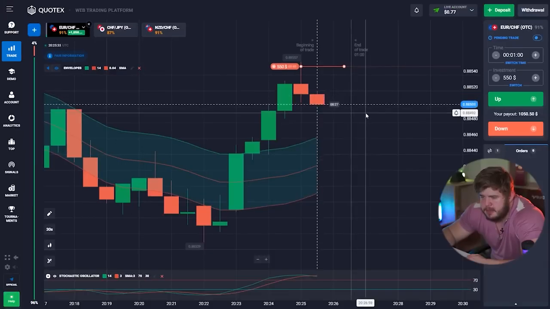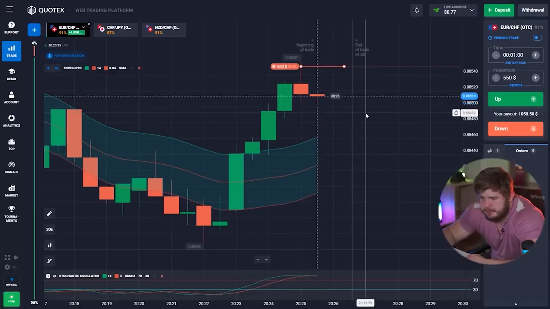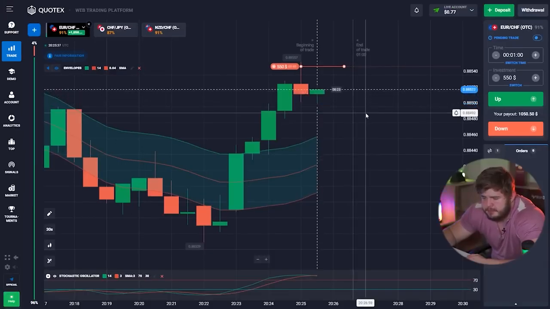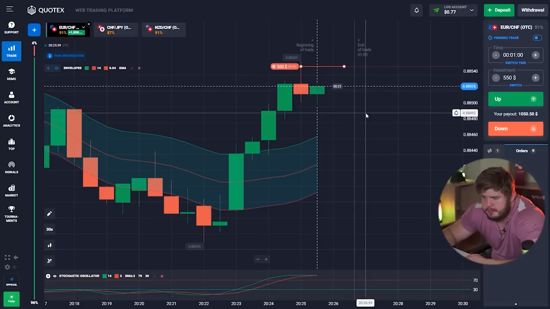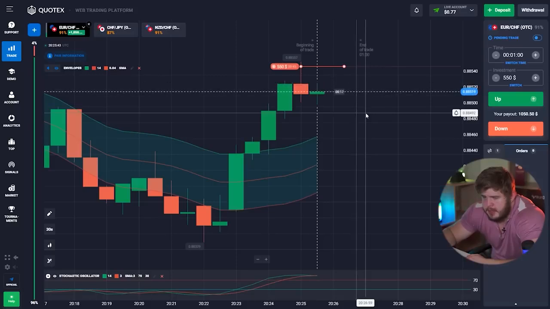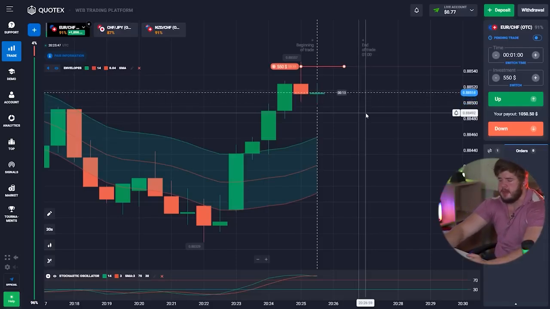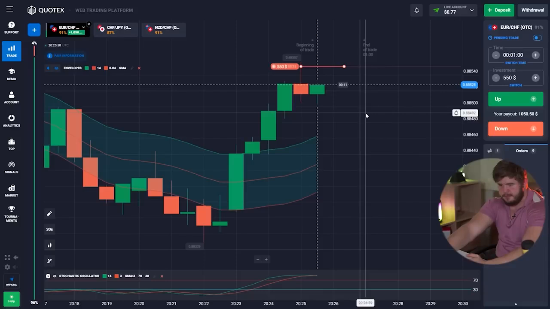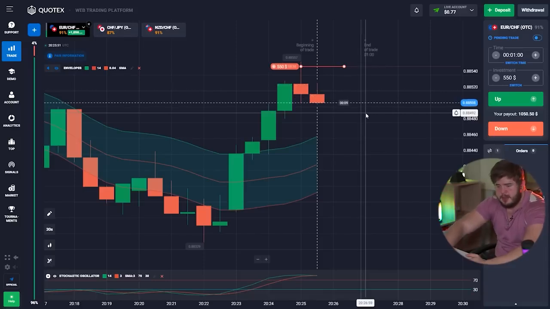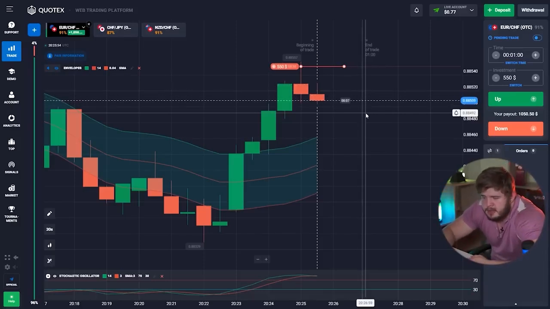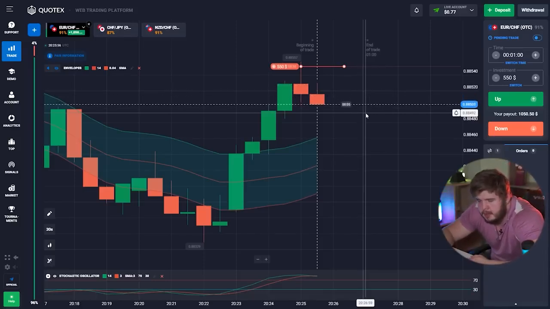Here we open the sell position. Our goal for today is to earn at least $10,000. And I'm sure that we can do this. Just need to wait a little bit.